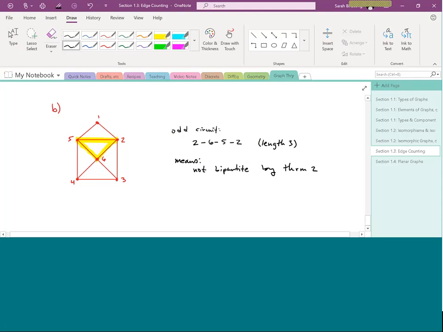So that's how this theorem is typically used a lot. It's a really quick way of saying, hey, this guy is not bipartite. Look, I just spotted a circuit, and you guys shouted out several other circuits too. Okay. So, questions? Make sense? Feeling okay so far?